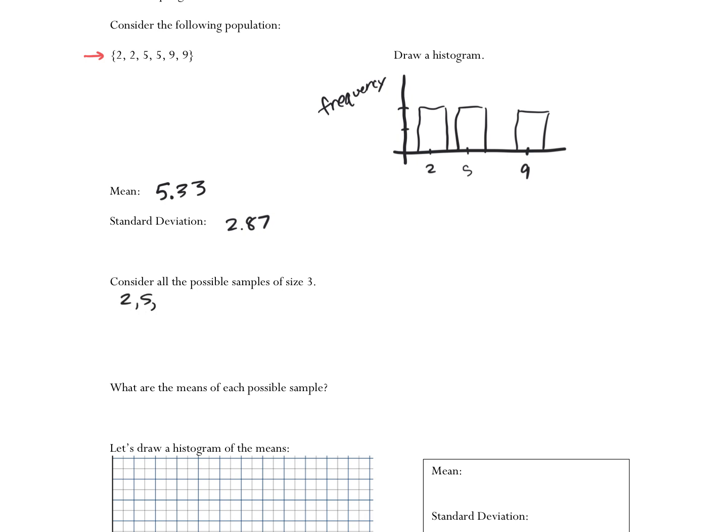So 2, 5, and 9 is one possible sample. What's another possible sample? 2, 2, 5. What's another? Oh, wait, I have 2, 5, 9. I said 2, 5, 5. Oh, got it. Okay.